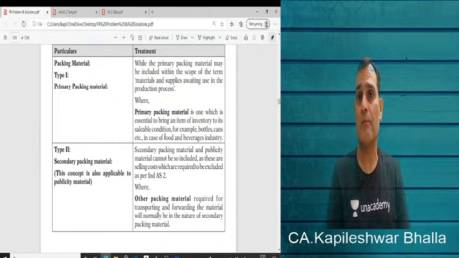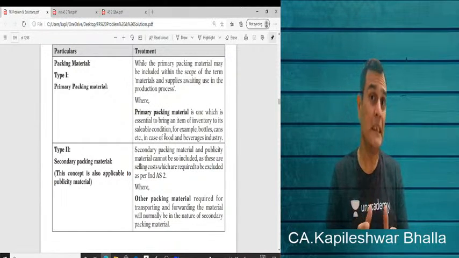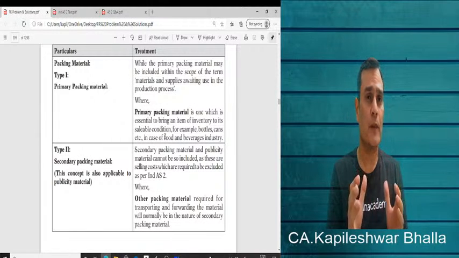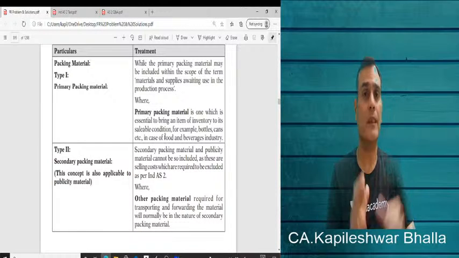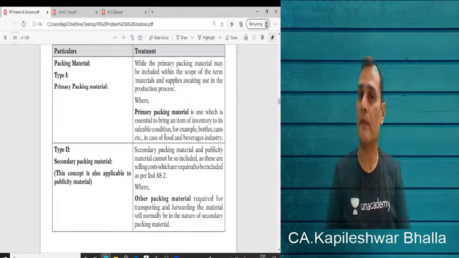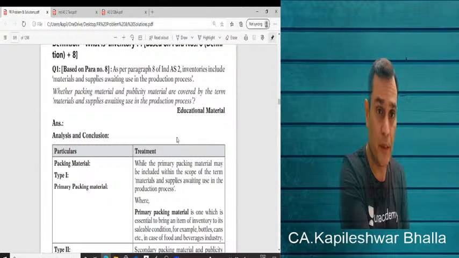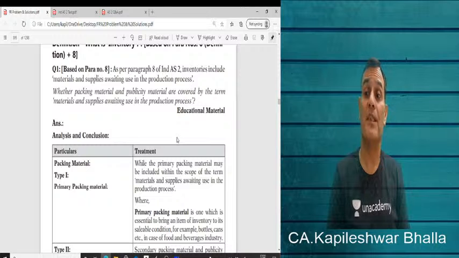That is not something which falls under the definition of inventory. So when you are looking at packing material, the position is very clear. If it is a primary packing, it is a part of inventory. If it is a secondary packing, then it is not. So the question which was asked in the education material was regarding the packing material and the publicity material.